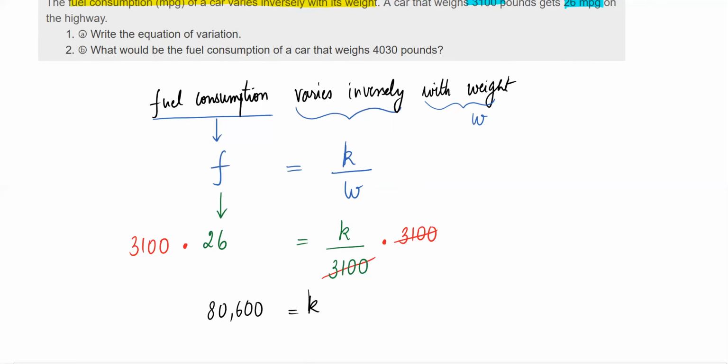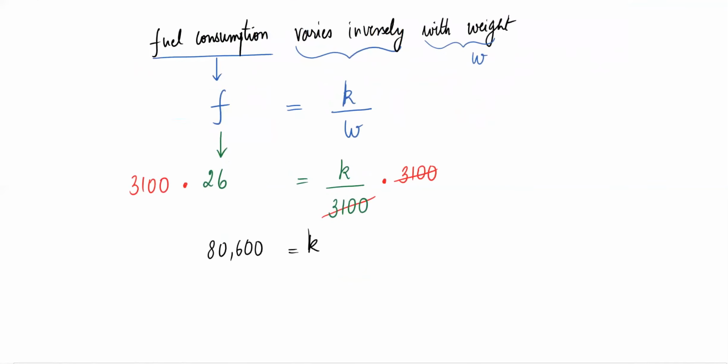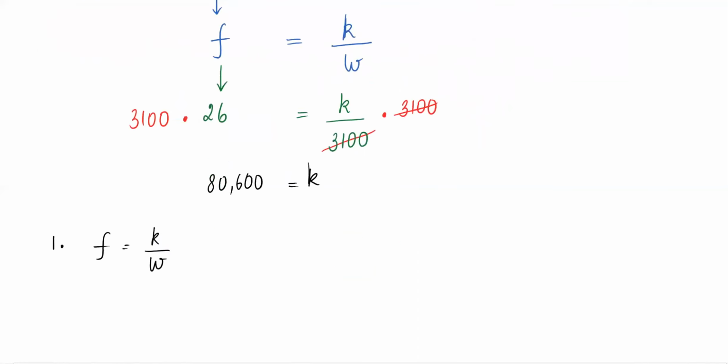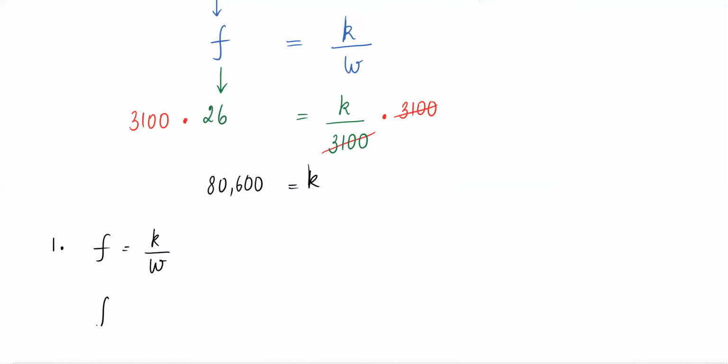So let's go back to answer part 1. It says F equals K over W. That's the relation we got from the question, but it says write the equation of variation. So I'm going to go further and substitute for K as 80,600 over W. That is the first part.